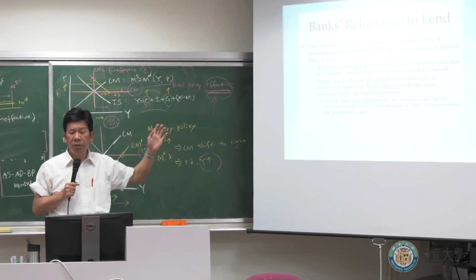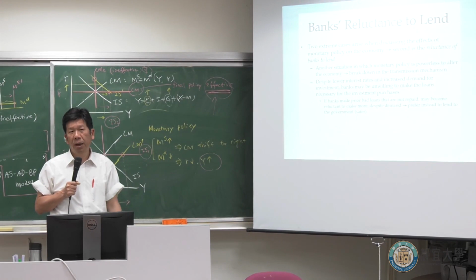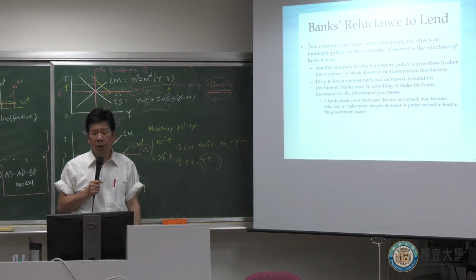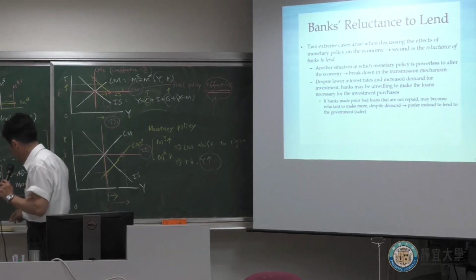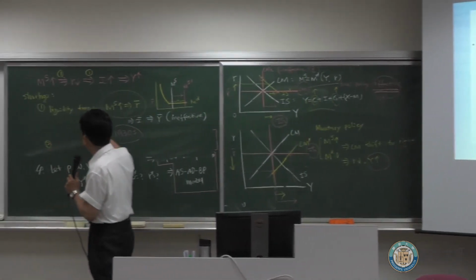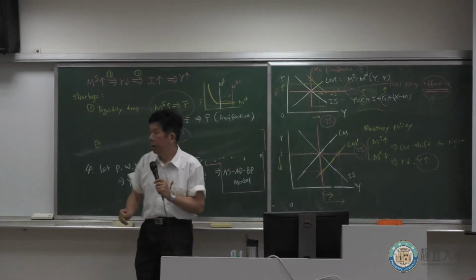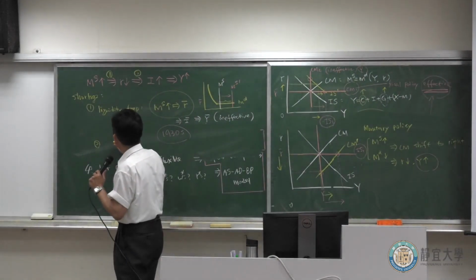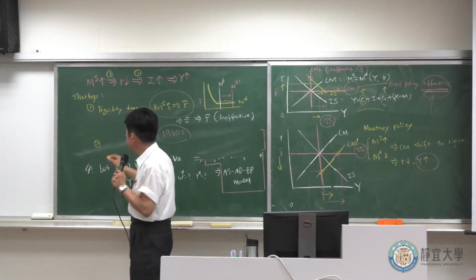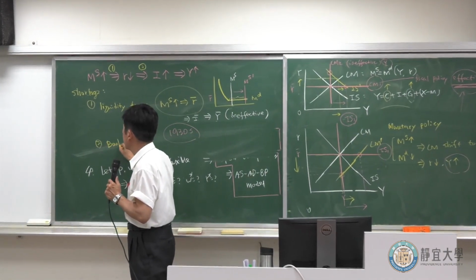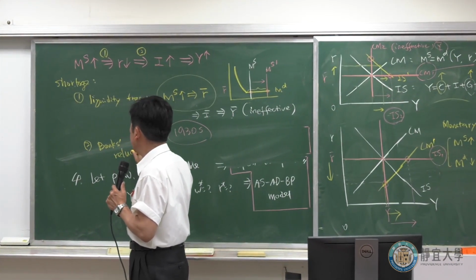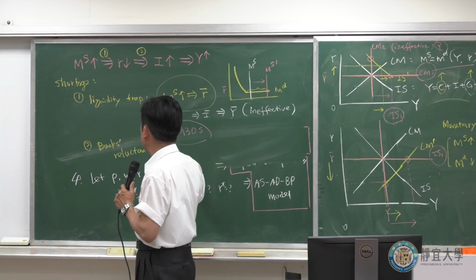They don't want to lend the money to the business. This is the second problem. Here we can write down: the bank's reluctance to lend.